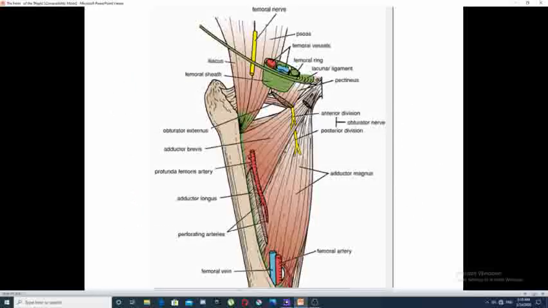This diagram shows the femoral sheath with its 3 compartments: the lateral compartment occupied by femoral artery, the intermediate compartment occupied by femoral vein, and the most medial compartment occupied by lymphatics.